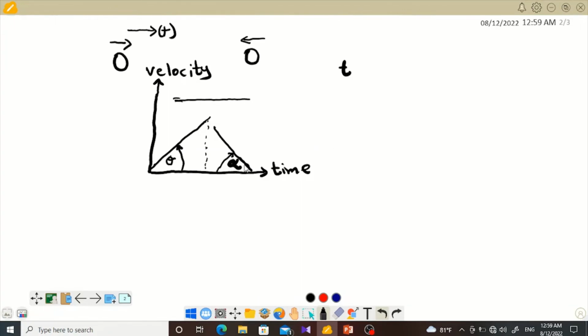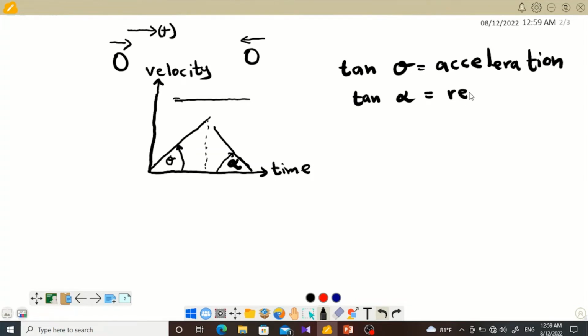Then tan theta equals the constant acceleration, and tan alpha shows the constant retardation.